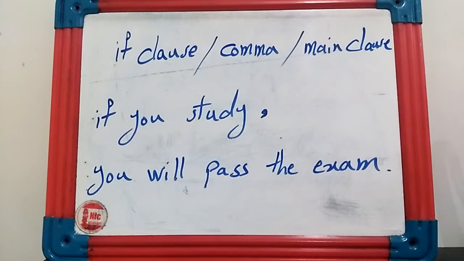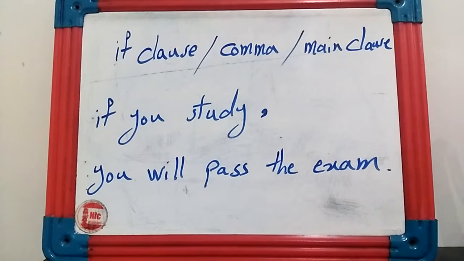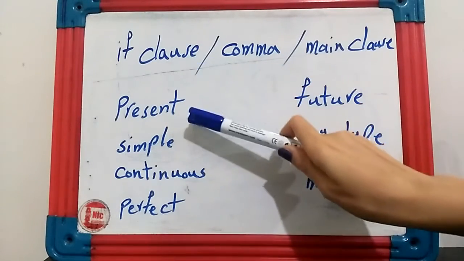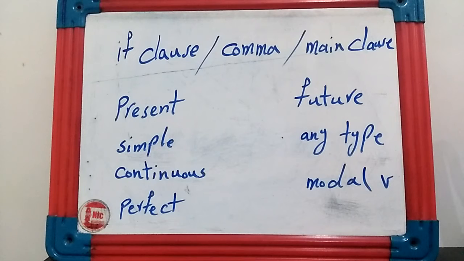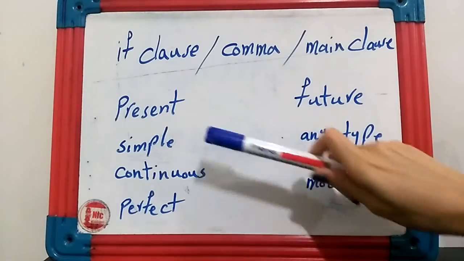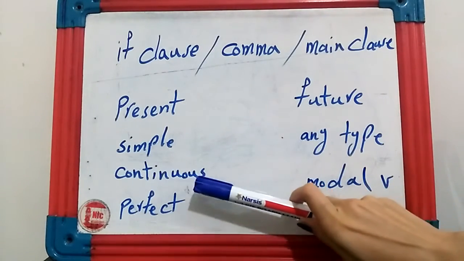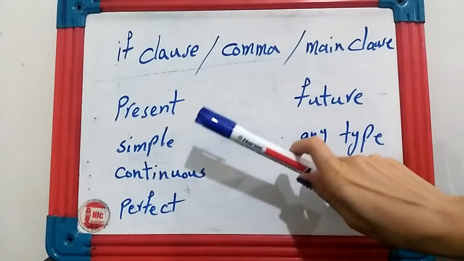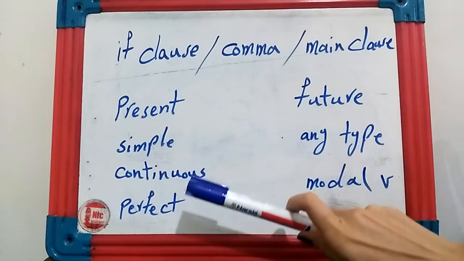If you study, you will pass the exam. So, pay attention that in if clause, the verb that we use has to be present. فعلی که توی عبارت if استفاده میکنیم حتما باید زمان حال باشه. حالا اون present میتونه simple present باشه، میتونه continuous present باشه یا perfect present.